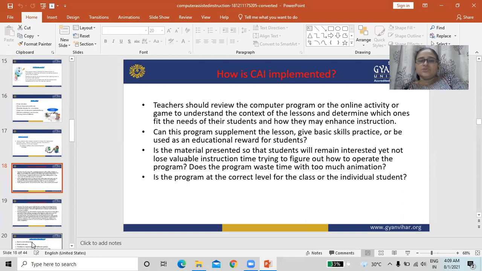The teacher should review the computer program or the online activity or game to understand the context of the lesson and determine which ones fit the needs of their students and how they may enhance instruction.